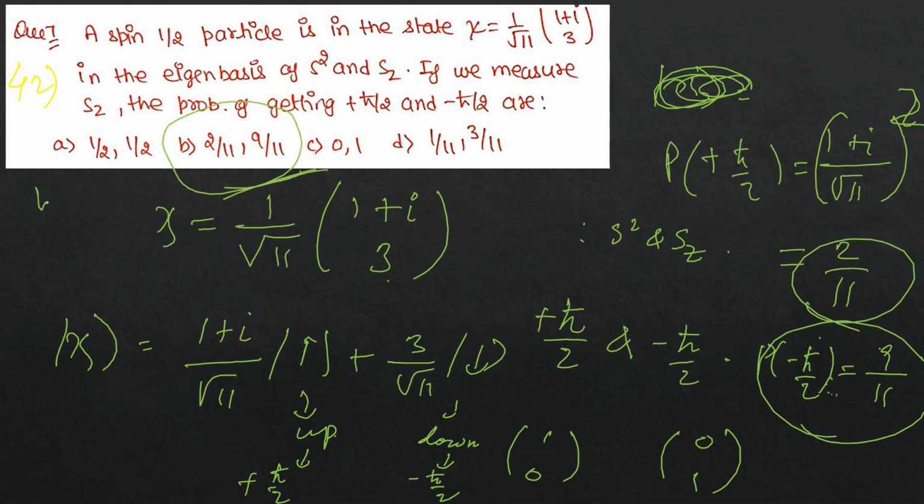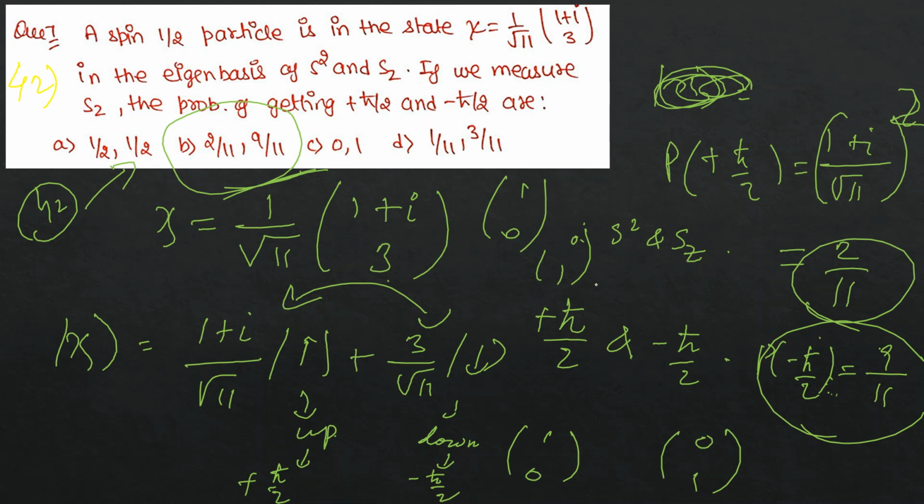So now question number 42. What I did here was, I just divided it into two terms, spin up and spin down, because spin up will be giving me plus h cut by 2, spin down will be giving me minus h cut by 2. Spin up we know is 1 0, spin down we know is 0 1. Right? So from there, we can write P1 is equal to C1 square.